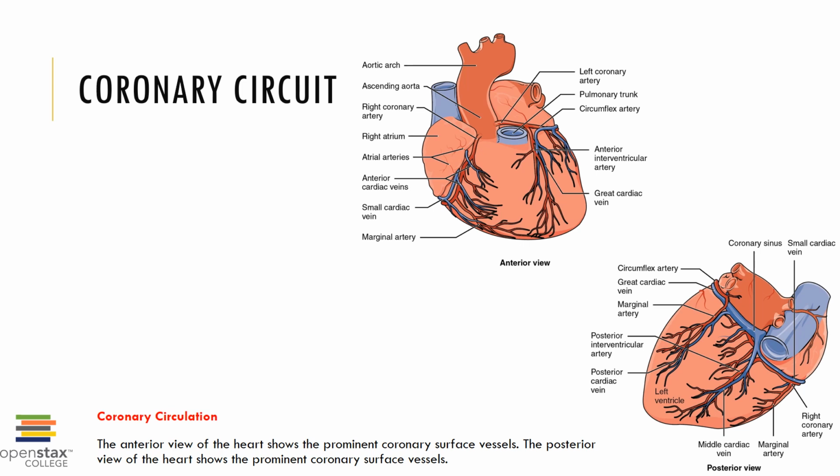There are several veins of importance: the small cardiac vein, which runs parallel to the marginal arteries and right coronary artery; the middle cardiac vein, which runs parallel to the posterior interventricular artery; the great cardiac vein, which runs parallel to the anterior interventricular artery and circumflex artery. All three of these merge to form the coronary sinus, which drains into the right atrium along with the superior vena cava and the inferior vena cava.